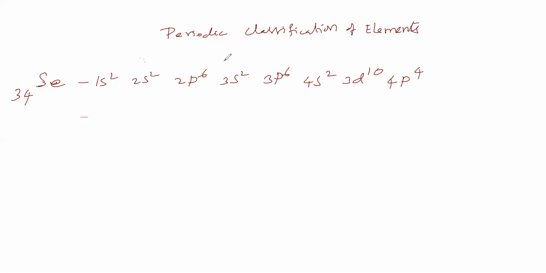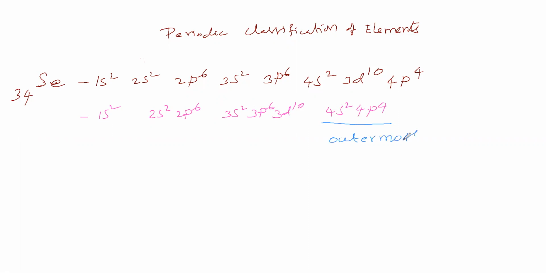So the first shell contains 1s2, the second shell contains 2s2, 2p6, the third shell contains 3s2, 3p6, 3d10, and the fourth shell contains 4s2, 4p4. Here the outermost shell is the fourth shell.